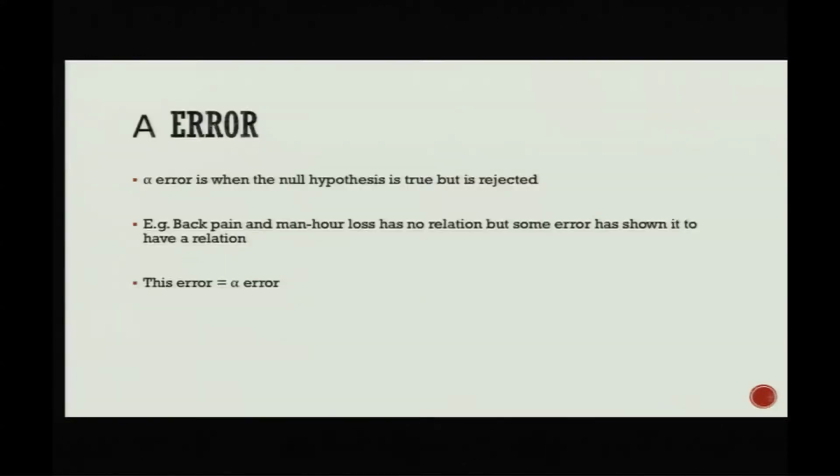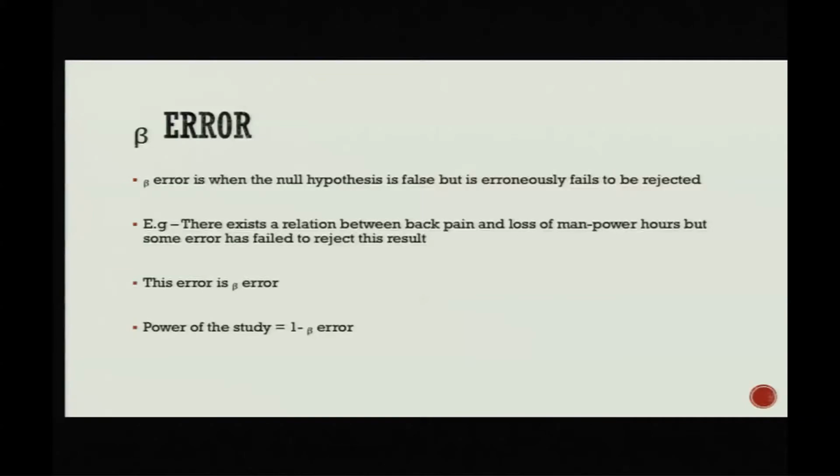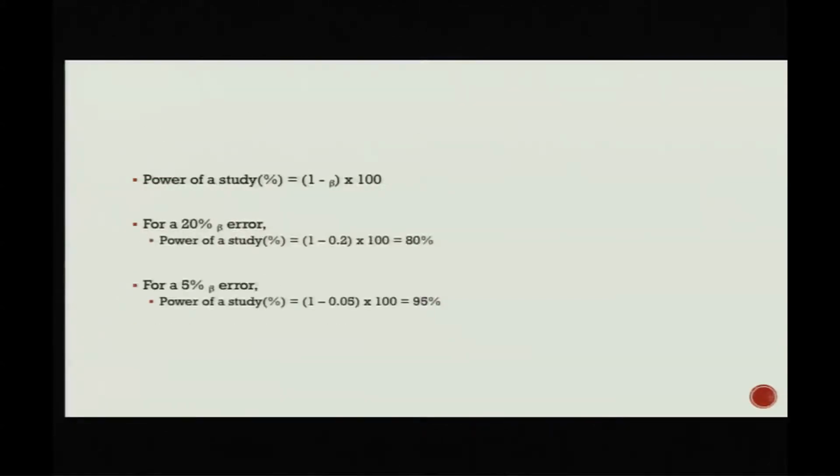So the alpha error is when the null hypothesis is true and it is rejected, and the beta error is when the null hypothesis is false but it is erroneously accepted, or failed to be rejected. Now the power of the study is 1 minus the beta error. If you have a beta error of 20%, the power of the study is around 80%, and if you have a beta error of 5%, the power of the study is 95%.